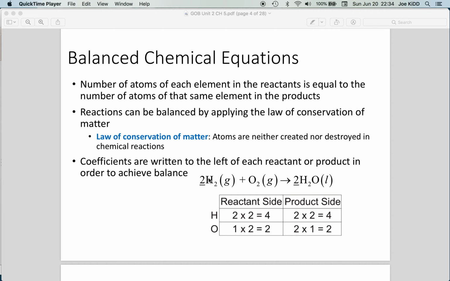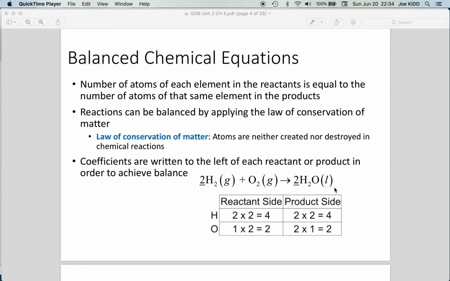Now, we have a 2 in front of the H2 and a 2 in front of the H2O. And these are where those ratios come in. This is saying we have 2 H2 molecules, and that we form or produce 2 water molecules.